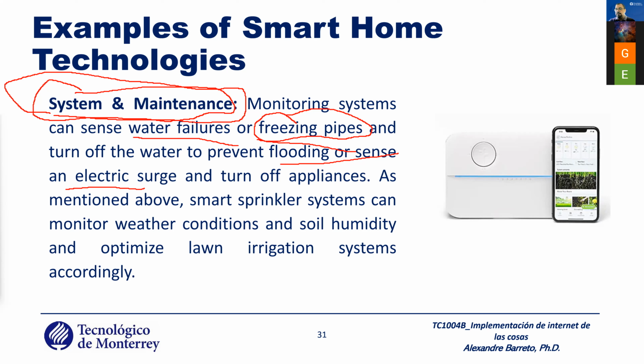In some cases, you can connect with other devices that measure the temperature and the humidity, and depending on the temperature and humidity of the air, you can turn the sprinkler on or off. Another example is the doors, opening and closing, doors in the garage and others. There are other types of devices, but the ones I showed are the most common.